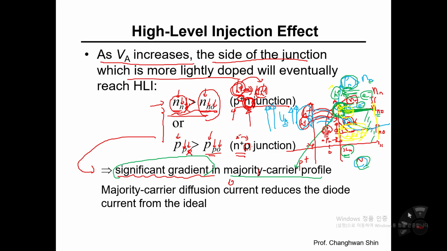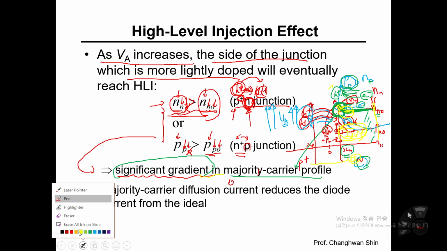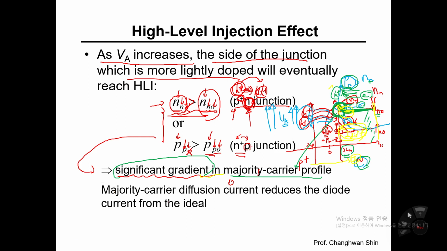But this current direction is opposite to the forward bias current, right? So that is the main reason why the majority carrier diffusion current herein would reduce the diode current from the ideal IV characteristic.